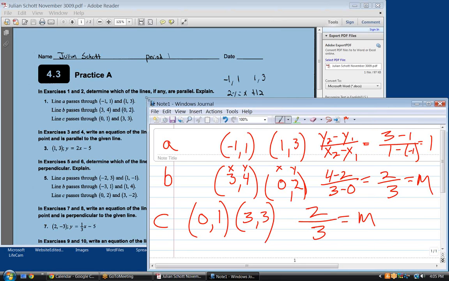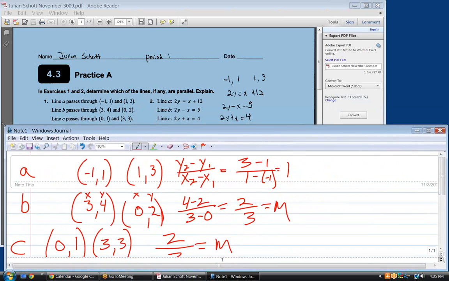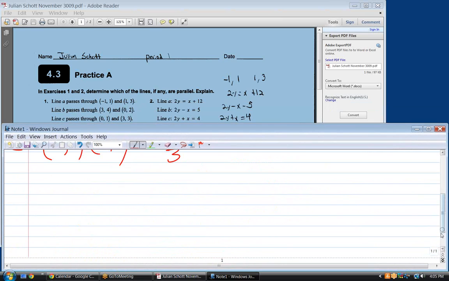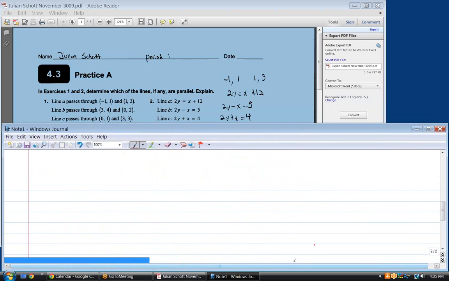Now let's look at the problems on 2. So let's look at this line A, and this line is defined by this equation. What's the slope of that line? Plus 12. No?